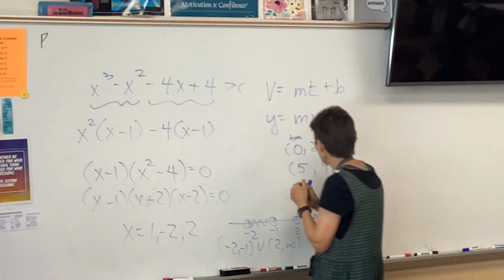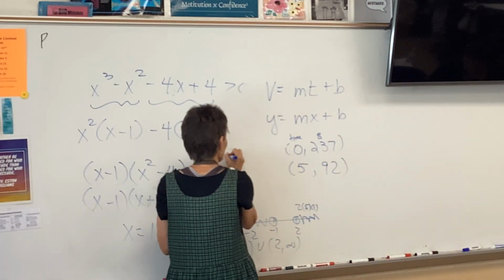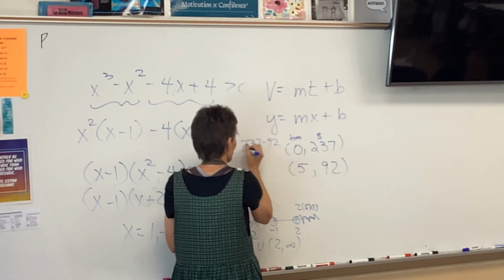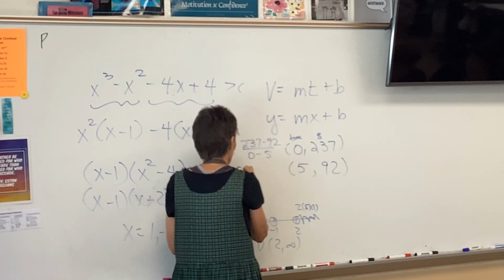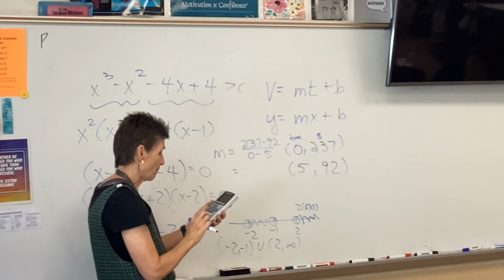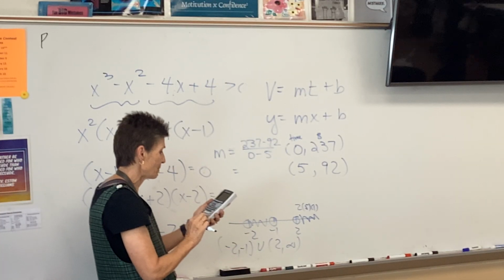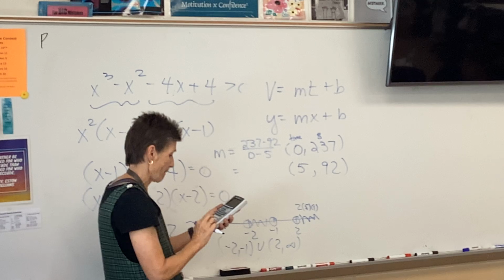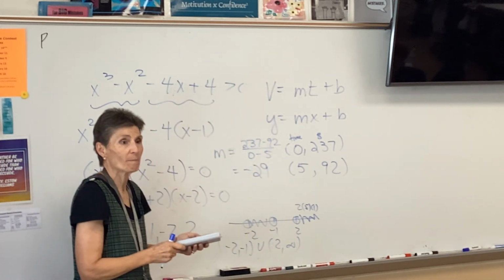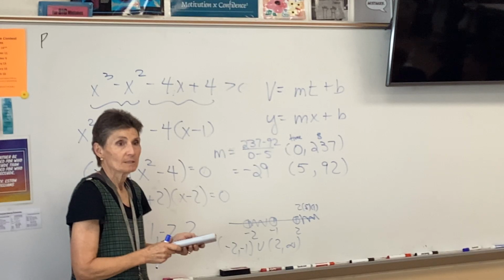If these are my points, then I can find my slope. 237 minus 92 over 0 minus 5. That's going to be a negative number. Does that make sense, that would be negative? Yeah, because every year the value of the bike goes down.